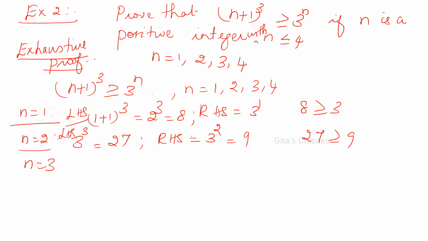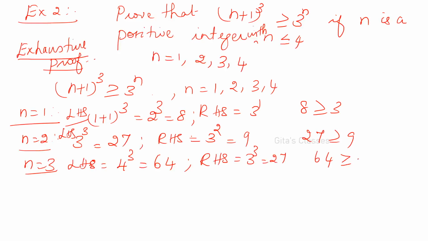For n is equal to 3, LHS is 3 plus 1, 4 cube, which is equal to 64. RHS is 3 power n, 3 power 3, which is 27. Therefore, 64 greater than or equal to 27.